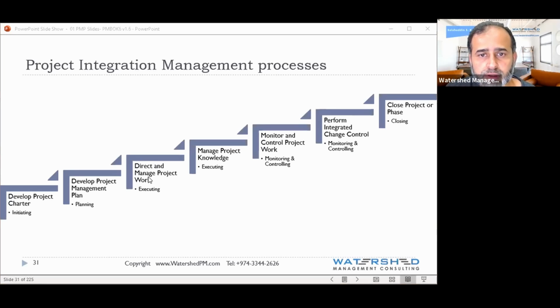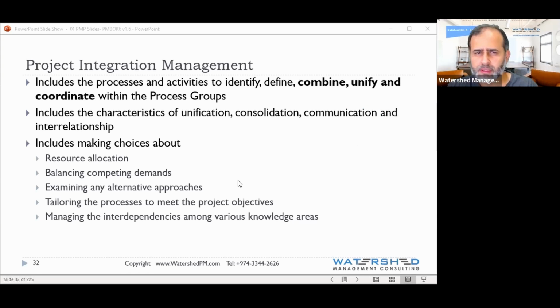Why? The way you need to take this course is that every process you have to understand separately, standalone. Each process is a building block and you need to study each of them separately. And later on, you have to learn how to put them together. Am I making sense?